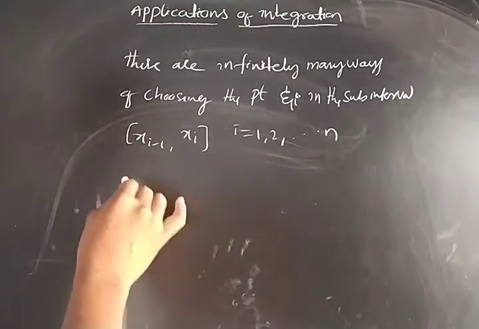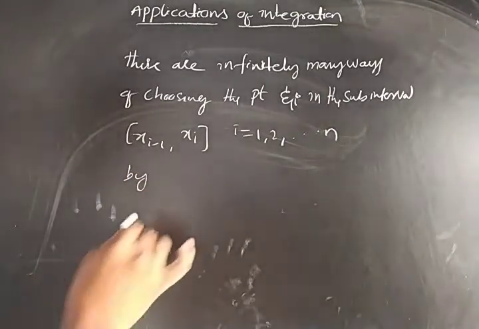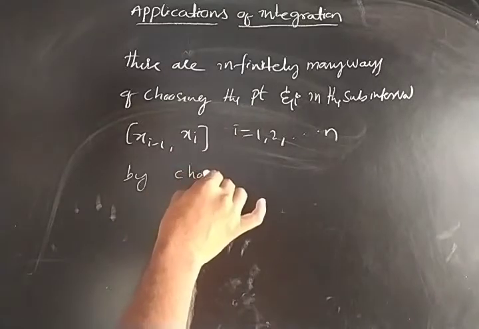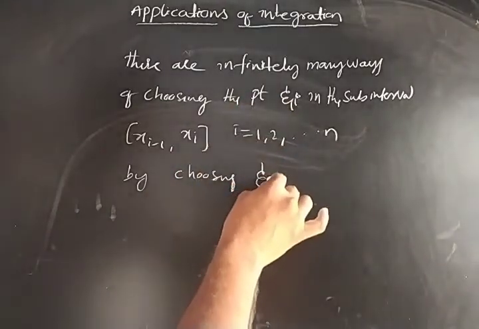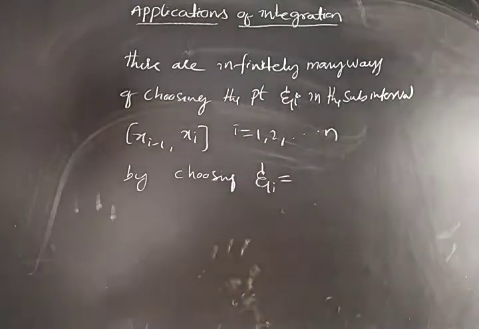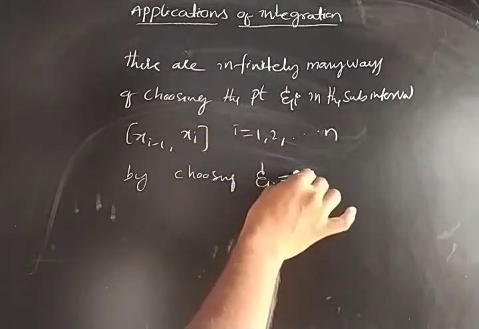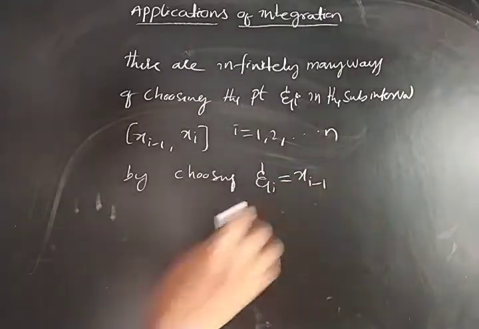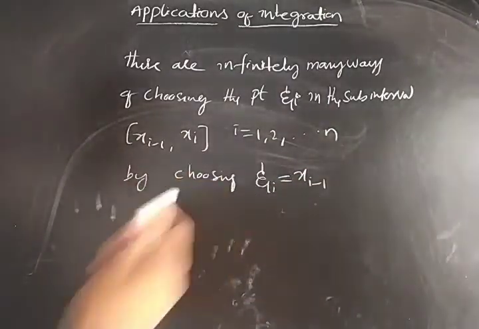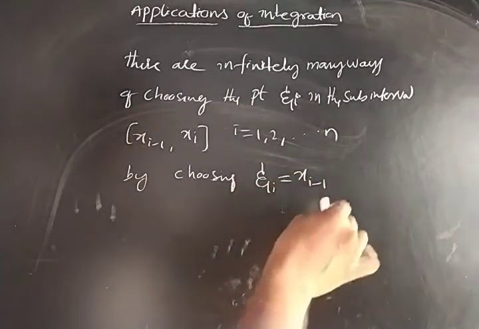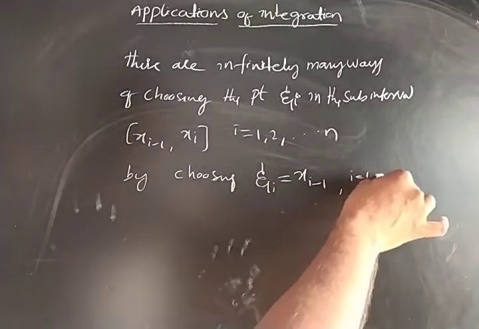Suppose I am choosing the number zeta i equal to x i minus 1, the lower limit of this subinterval, where i equals 1 to n.